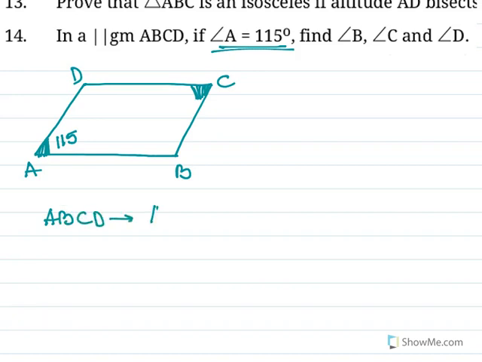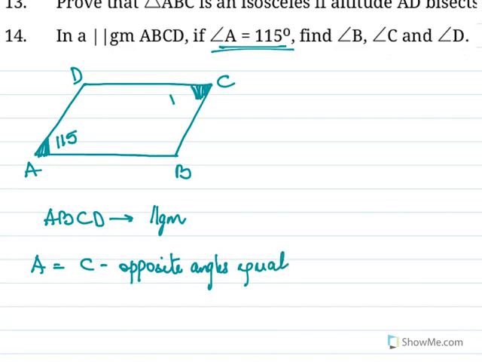ABCD is a parallelogram. So A equal to C, opposite angles equal. So angle C also 115.